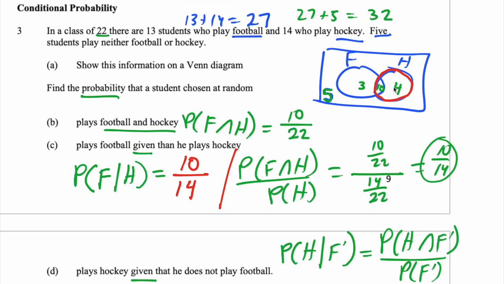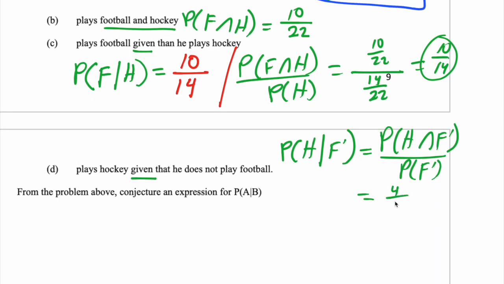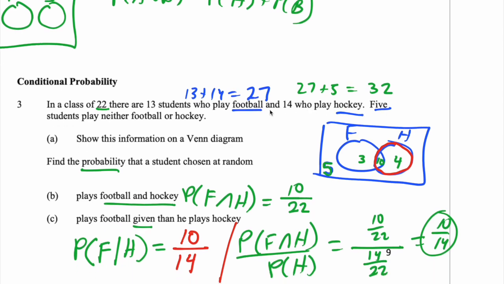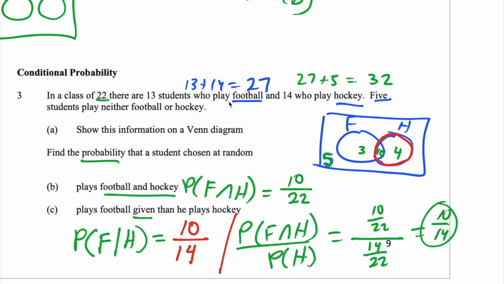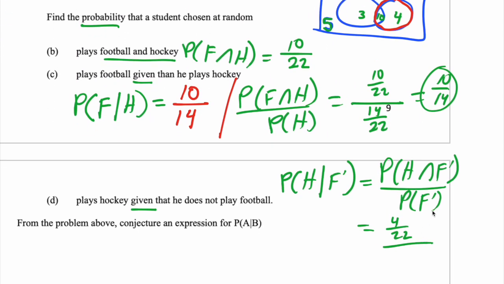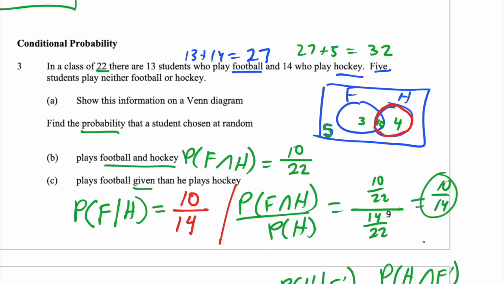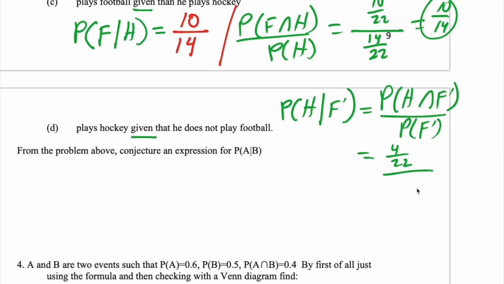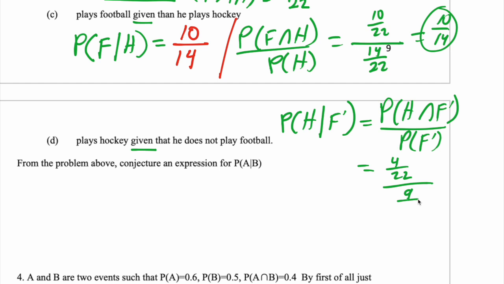That's 4 of them. 4 play hockey and not football, so that's 4 out of 22. And the probability of not football, we have 13 football players. So not football would be 9 of them. So 9 out of 22, which simplifies to 4/9.